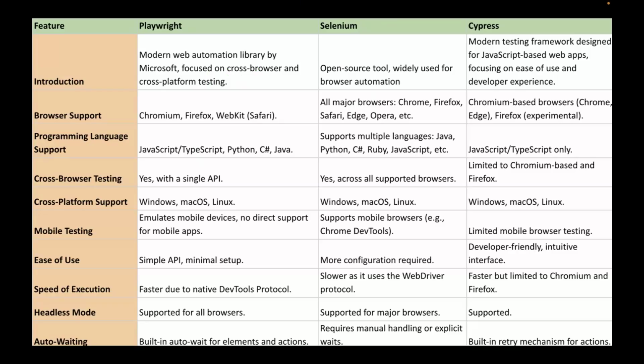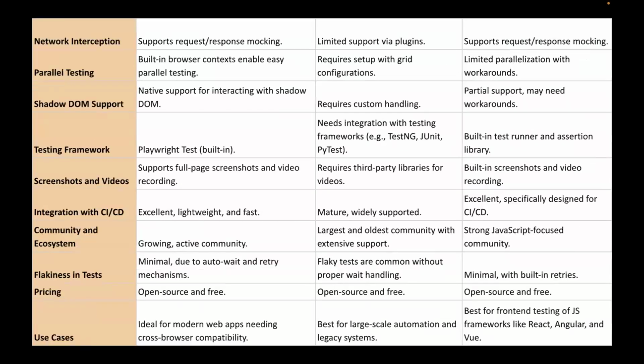If you remember, in Selenium we need the concept of Selenium Grid, guys, if you want to handle cross browser validation or testing. But Playwright single-handedly will be able to perform cross browser as well as cross platform testing. The flakiness in Playwright is very, very low compared to other tools.